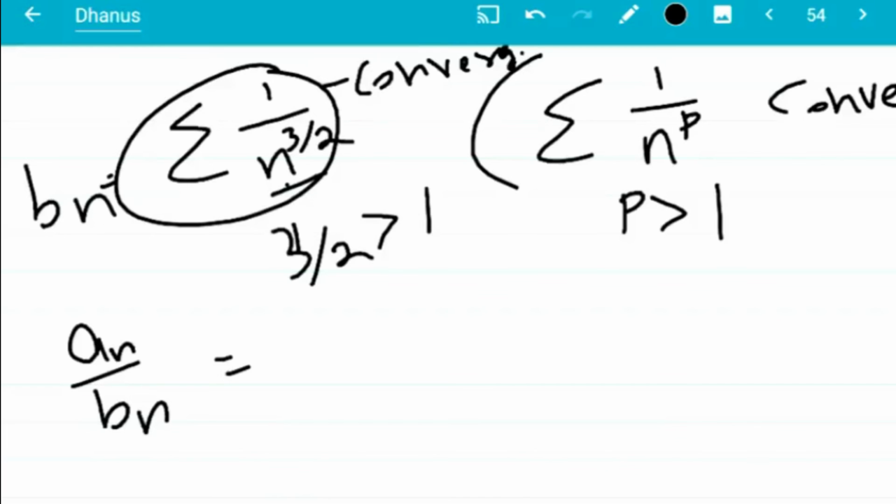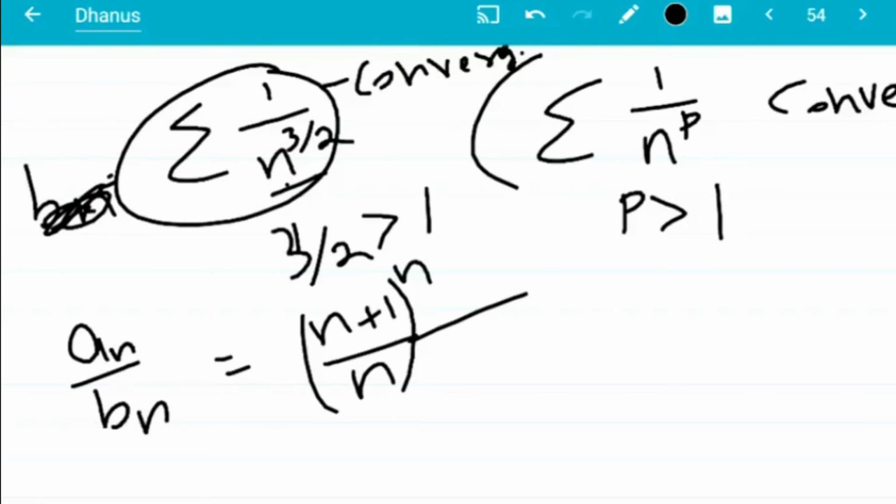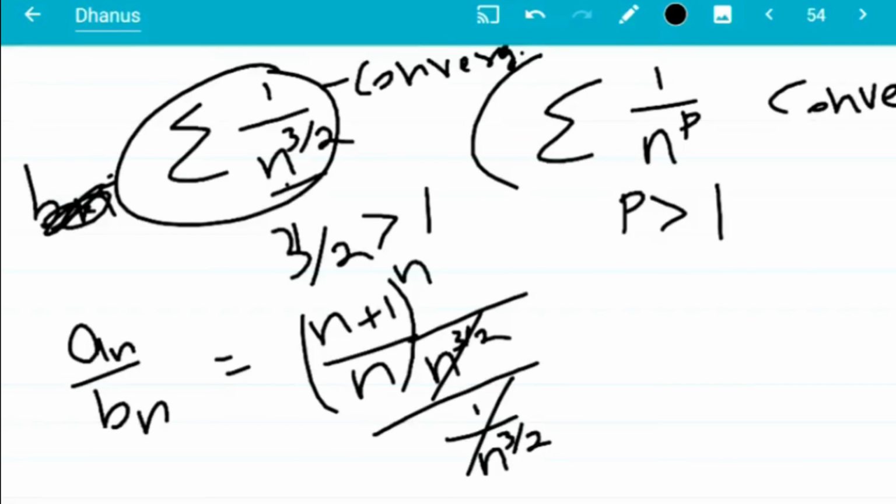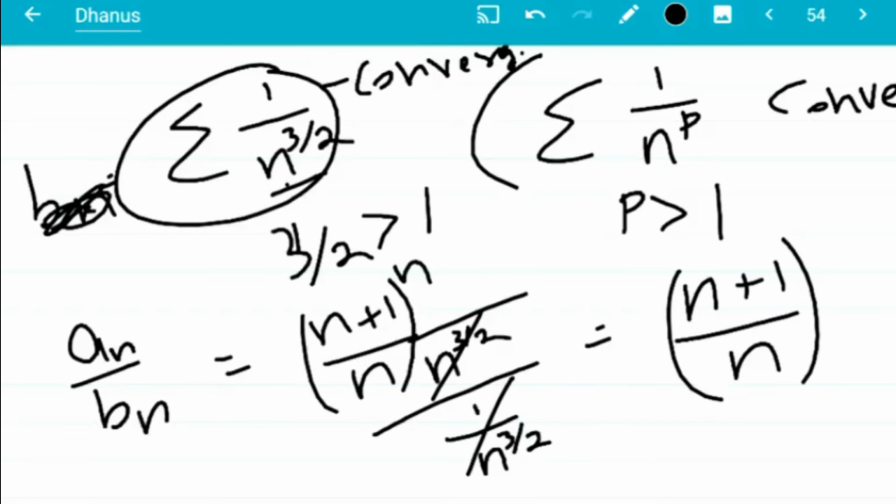Then An by Bn will be equal to n plus 1 by n all raised to n into n raised to 3 by 2, this is An, and our Bn will be 1 by n raised to 3 by 2. The n raised to 3 by 2 terms get cancelled, and that will be equal to n plus 1 by n all raised to n. This is equal to 1 plus 1 by n all raised to n.